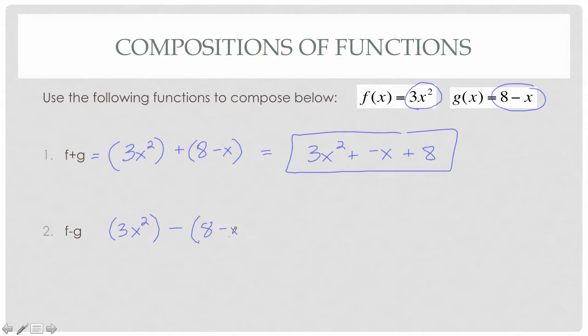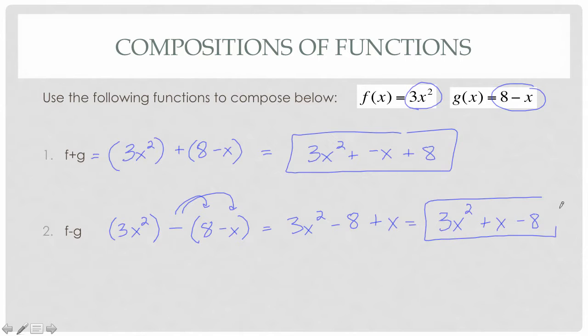That's 8 minus x. Here we have to distribute the negative, and so we end up with 3x squared minus 8 plus x, and if I put it in descending order, that's 3x squared plus x minus 8. And there is my new function when I subtract f and g.